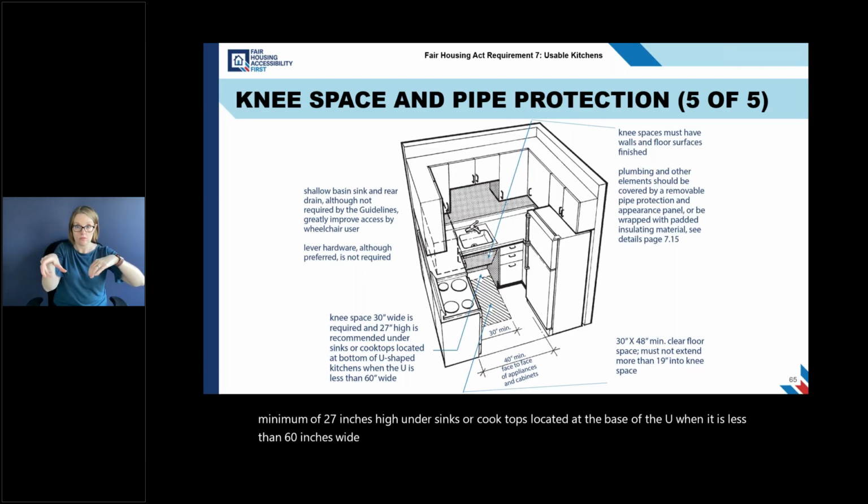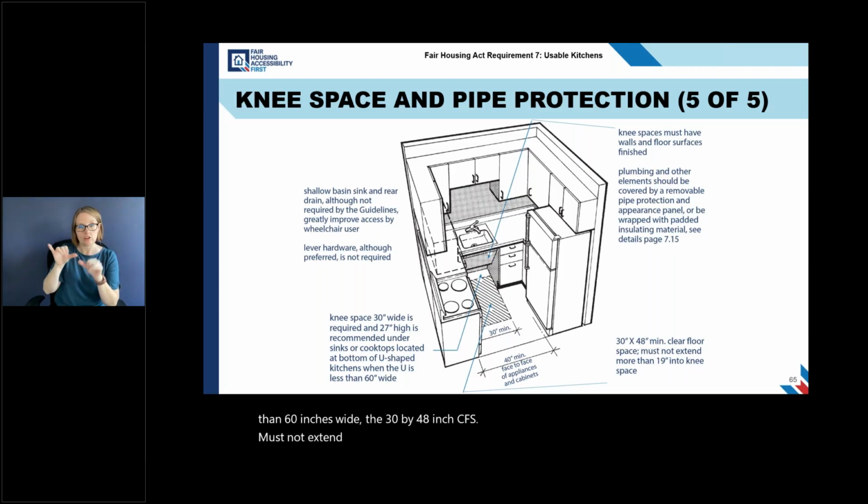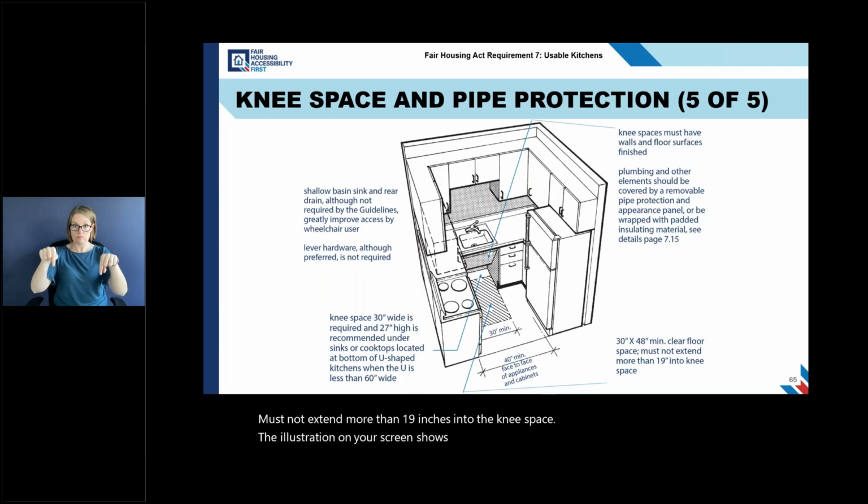The 30 by 48 inch CFS must not extend more than 19 inches into the knee space. The illustration on your screen shows the required knee space and CFS in a narrow U-shaped kitchen.